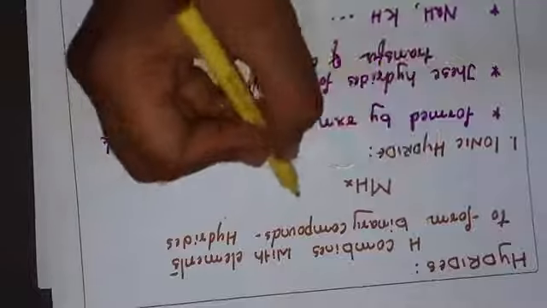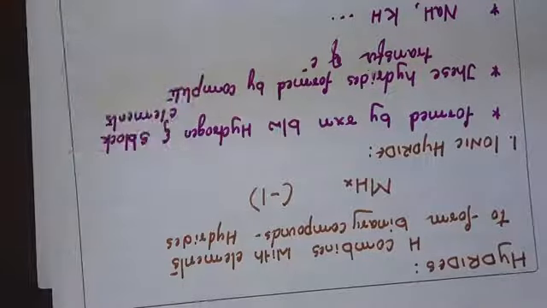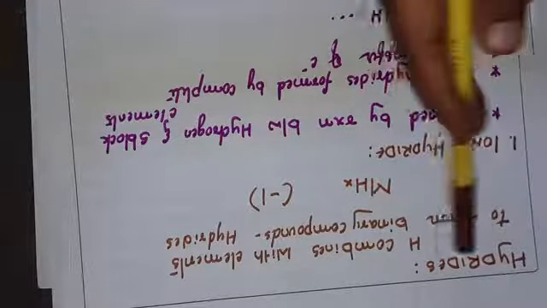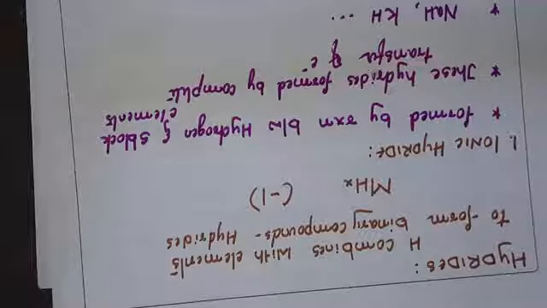Usually, the oxidation state of hydrogen in hydrides is -1, as it is combining with other elements. These hydrides are of 3 types: ionic hydrides, covalent hydrides and metallic hydrides.